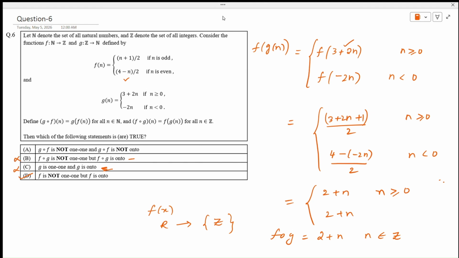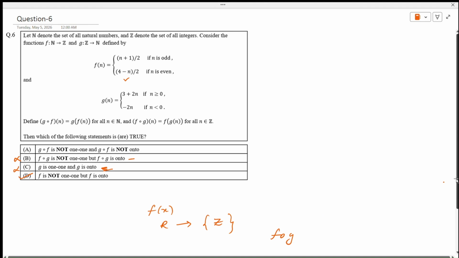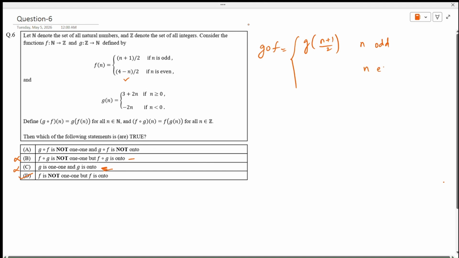Now let us look at the last option, which is g of f of n. Now g of f is equal to g of n plus 1 by 2 if n is odd, and if n is even, then we'll get g of 4 minus n upon 2.